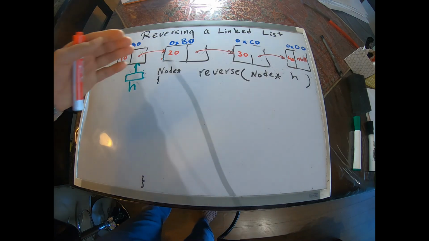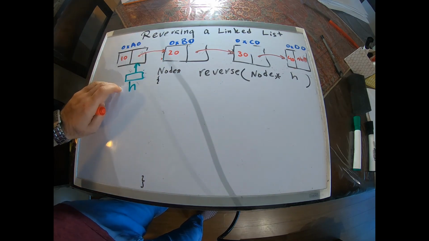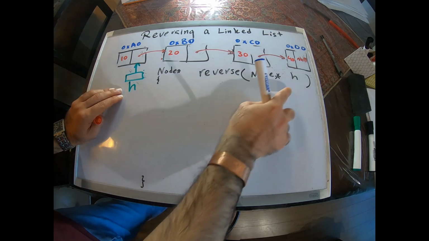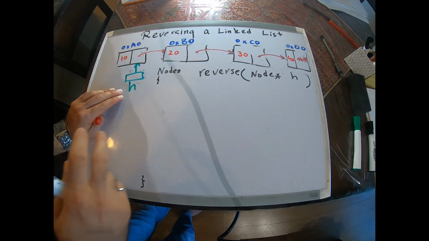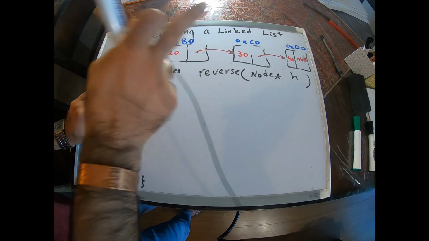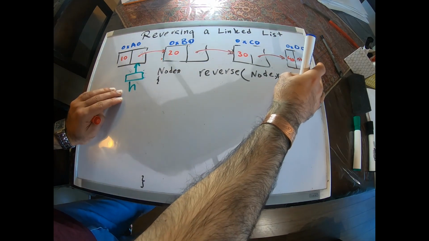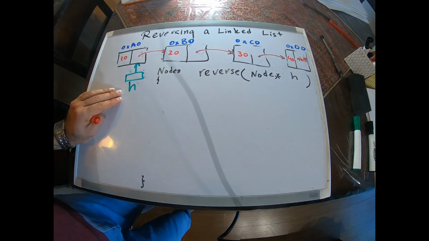So once we go here, we have to be careful. We don't want to change this one, we can change this one, right? But we have to know that we have to return the final head, which, if you write the program correctly, is going to be pointing to the last node.